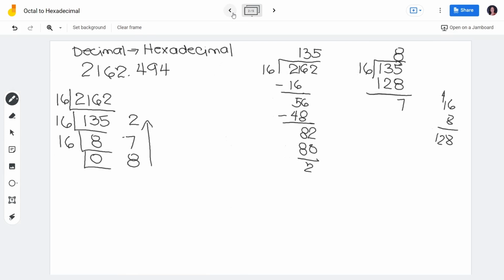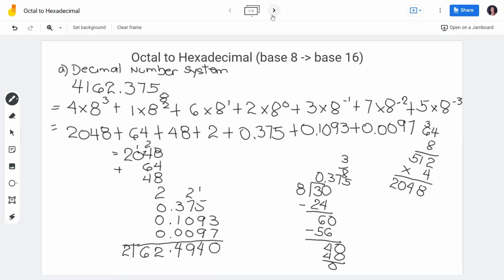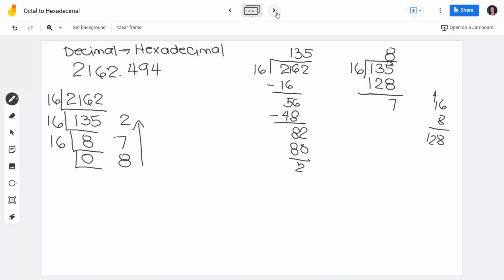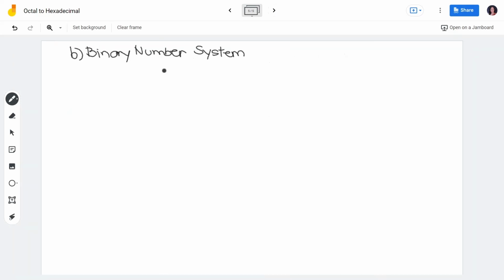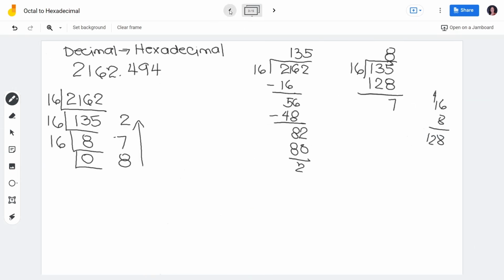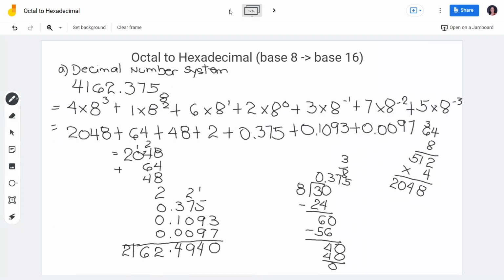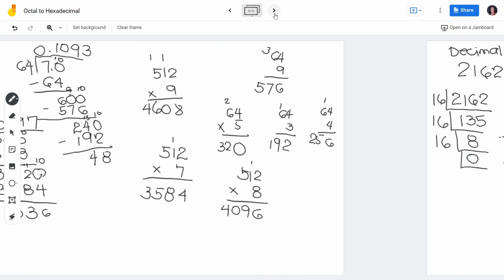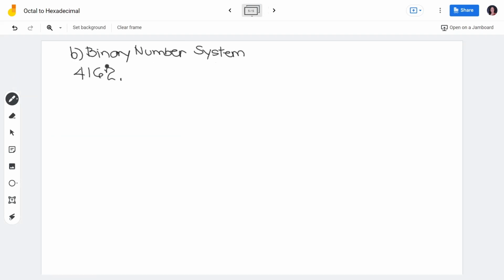Let's again read it: 4162 point 375 base 8. So, let's go using the binary number system.